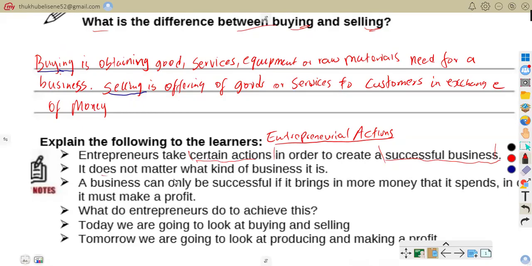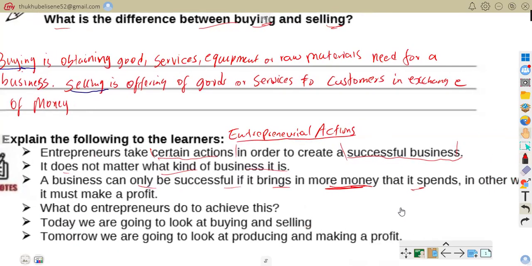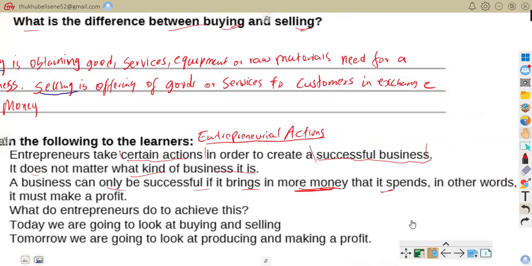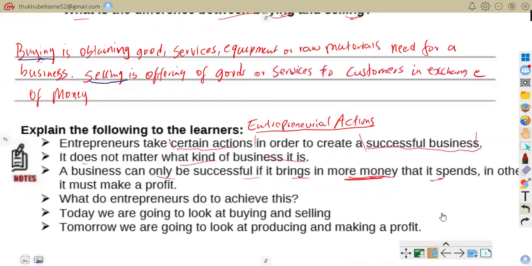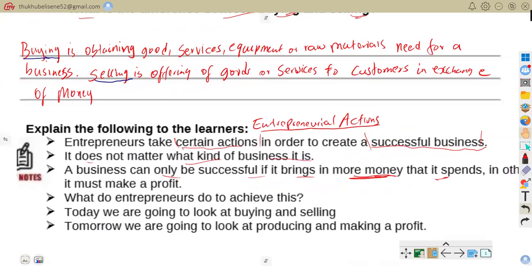It does not matter what kind of business it is, as long as the entrepreneur takes action. A business can only be successful if it brings in more money than it spends in other ways. It must make a profit.